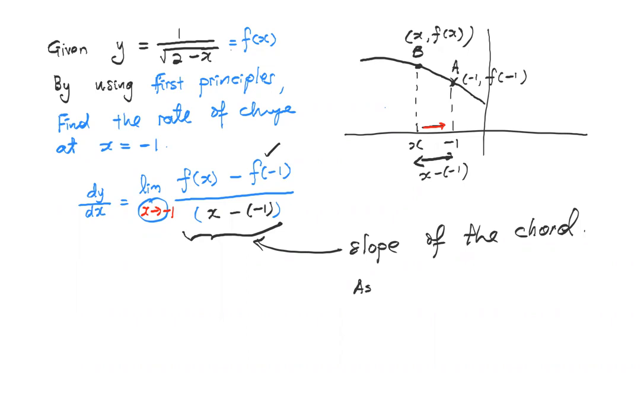If you don't want to straight away use this formula, you can also use the method that I gave, like here. You put point A as x equal to -1. Okay, you can write in any way you like.